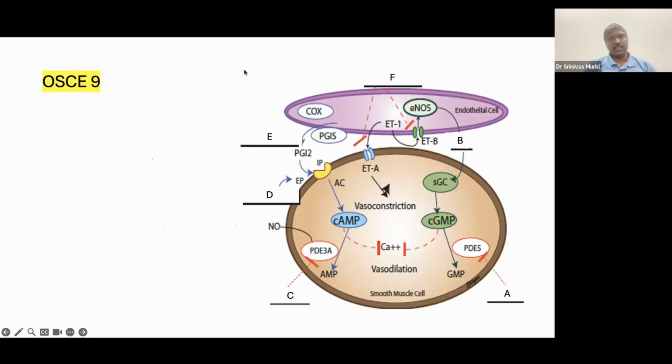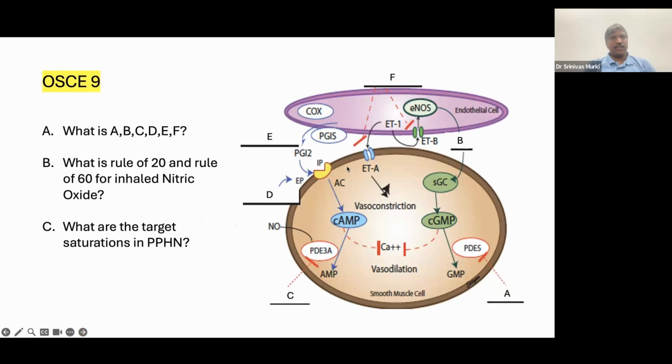D is what increases cyclic AMP levels. D and E both are working on increasing cyclic AMP levels. And F is ET, that is endothelin, so it is an endothelin receptor antagonist. I think everybody knows this. I think they have been looking at this graph very often. So good, now that finishes the first question.